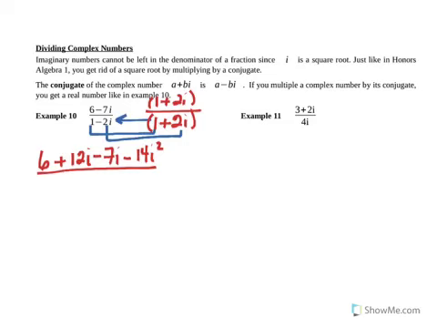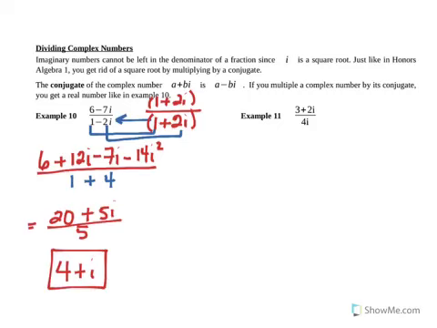So I'm going to get 1, and then I'm going to get minus 4i squared, or 1 plus 4. So simplifying the numerator, I'm going to get 6 plus 14, which is 20, plus 5i, all over 5. And then the last thing I want to do is just divide everything by 5 so it's simple. And I get 4 plus i.